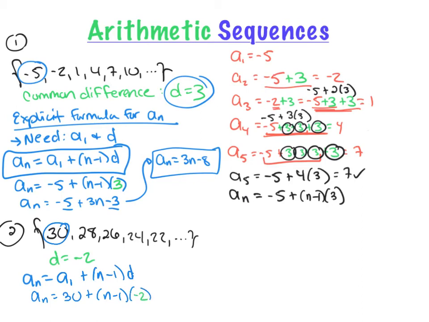And there's an unsimplified version for our explicit formula for a sub n. Let's clean that up just a little bit, distribute the negative 2 through. So a sub n is 30 minus 2n plus 2. So maybe writing it as negative 2n plus 32.